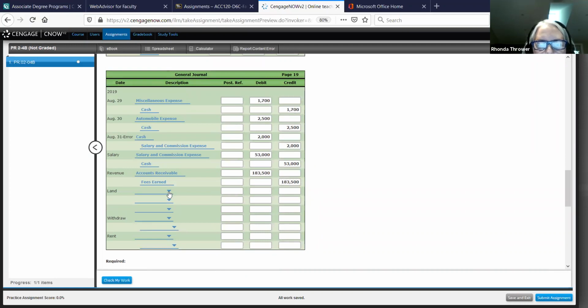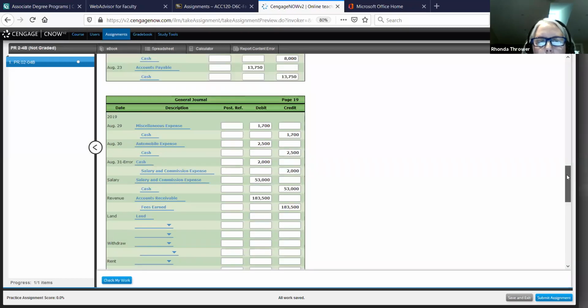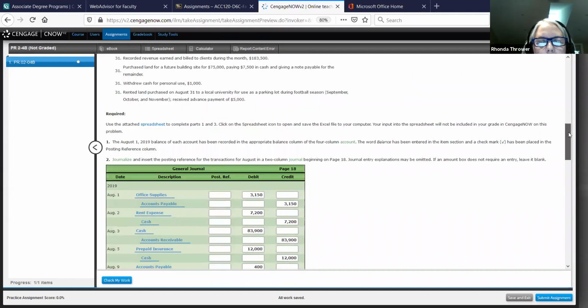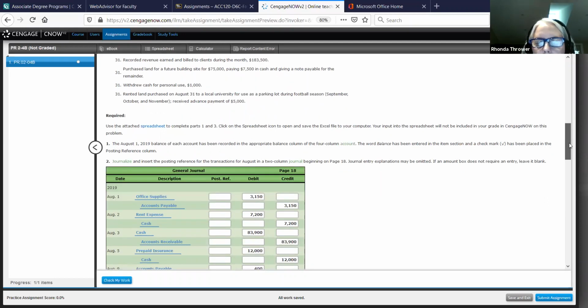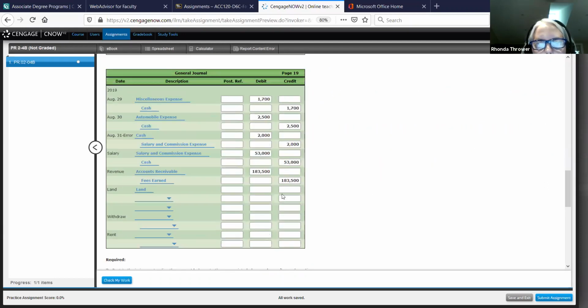We purchased land. Our land, which is an asset, is increasing by the amount that we bought the land for, the purchase price or the cost of the land. It was purchased for $75,000. So land will be debited for $75,000.